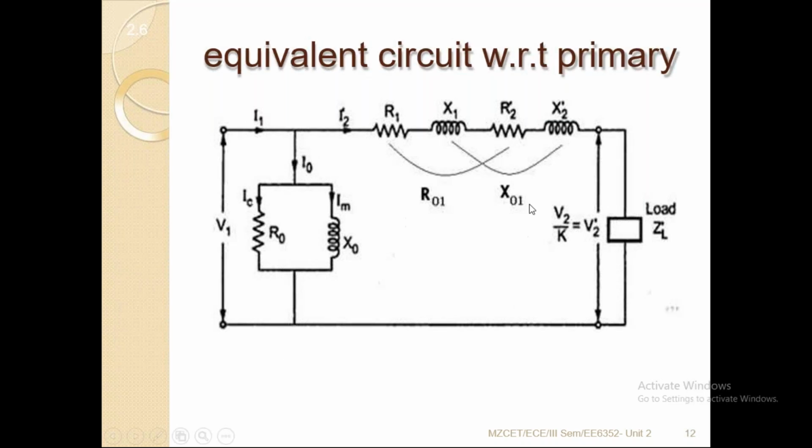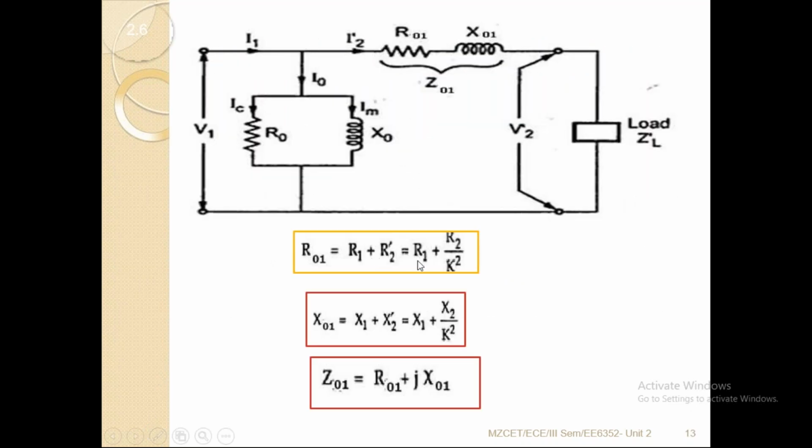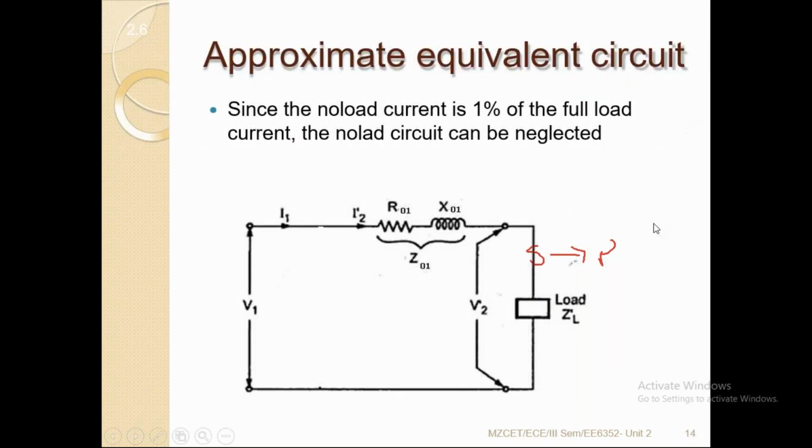This circuit diagram is referred to the primary, with the equivalent resistance when secondary parameters are shifted to the primary. Finally, we get the approximate equivalent circuit with R01, X01, the equivalent resistance, reactance, and impedance.